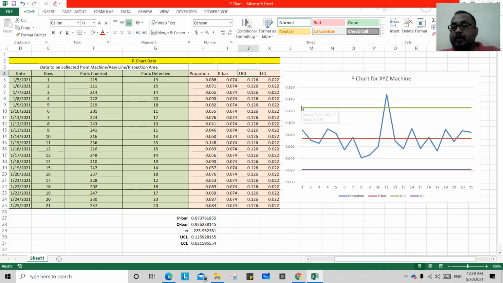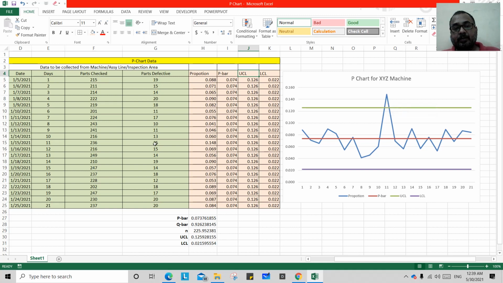So these lines give you a band of total tolerance for the proportion to vary. Anything which goes beyond this UCL or LCL becomes a special cause.